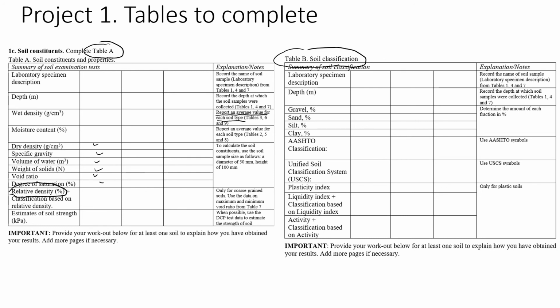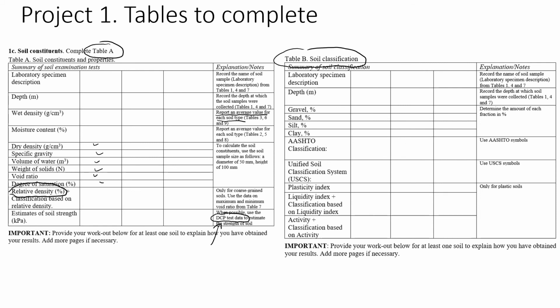It can be dense, loose, very loose. We did it in lectures before. And if you're given data with DCP test, I also expect you to do some estimates of soil strength. So just try to relate the number of blows in this DCP test to the strength of soil.